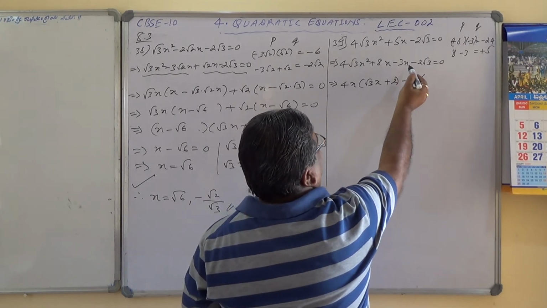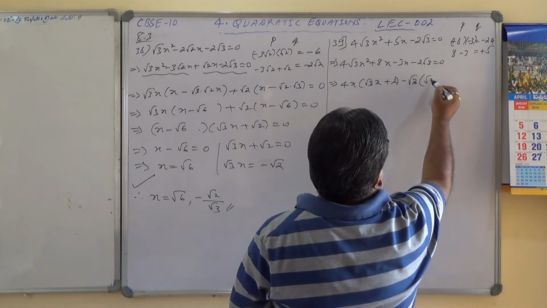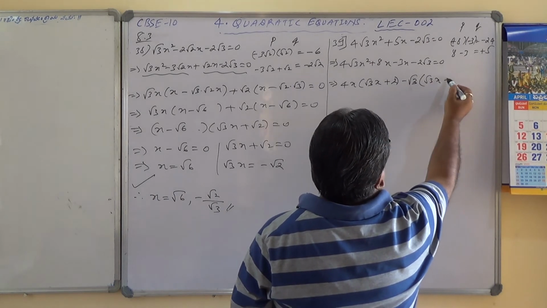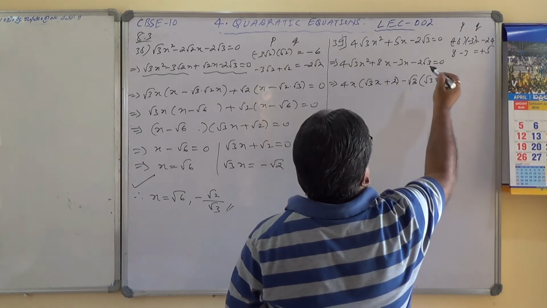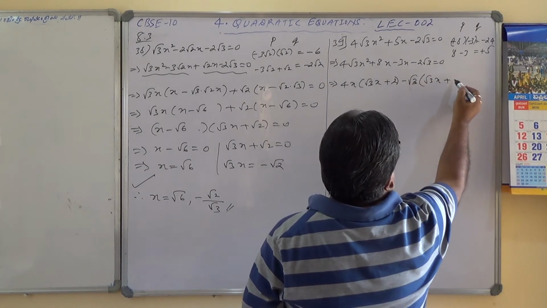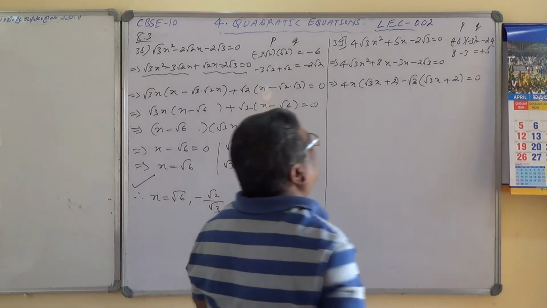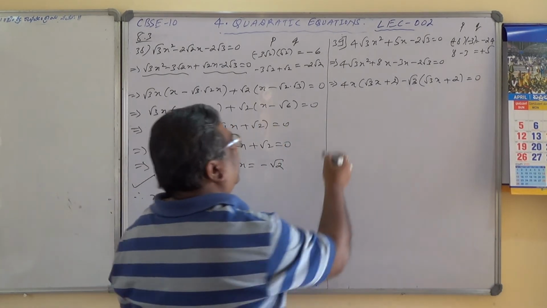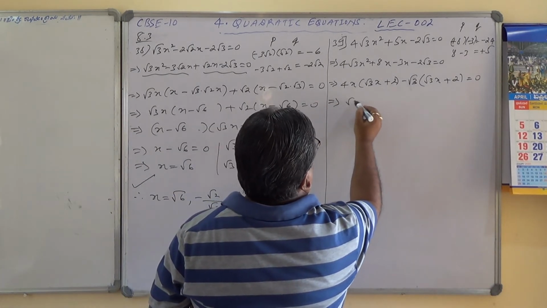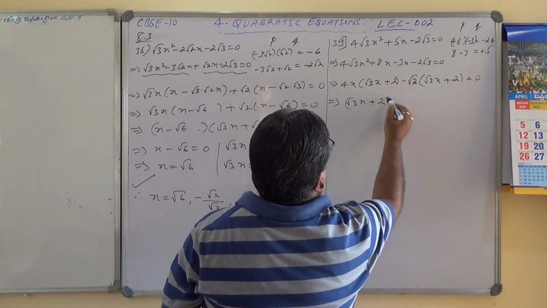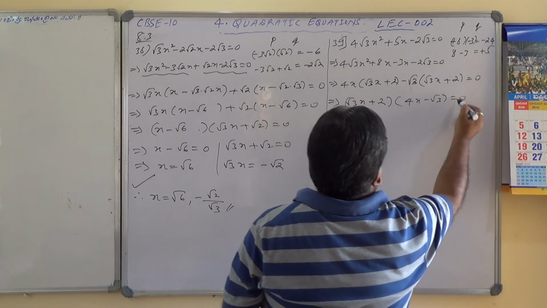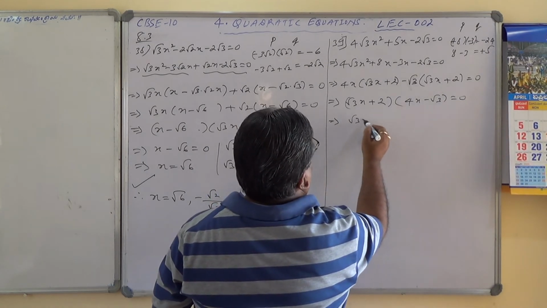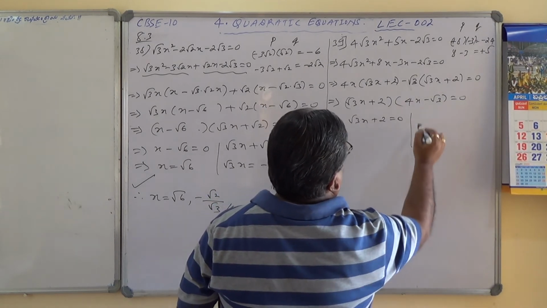Root 3 into root 3x is there, 1 root 3x remaining, and the minus changes the sign, plus root 3 has come out, 2 is there. Let me check. Correct. Root 3x plus 2, 4x minus root 3 equals 0. Root 3x plus 2 equals 0.